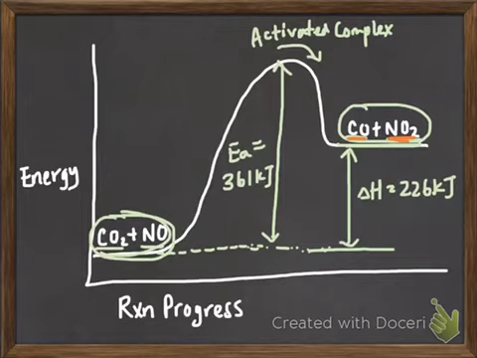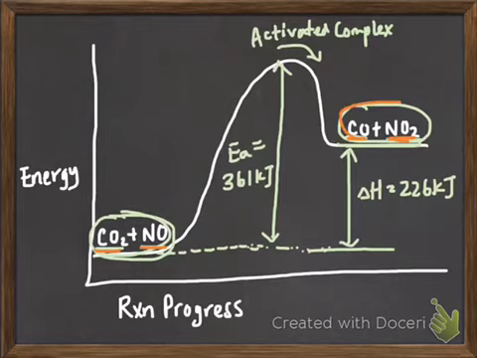I'll underline them again in yellow or orange: nitrogen monoxide and carbon dioxide. So how do I figure out my activation energy for this? Well, there is a formula on your handout, so you can definitely look at that. Delta H equals EA forward minus EA reverse. But let's just look at it logically.